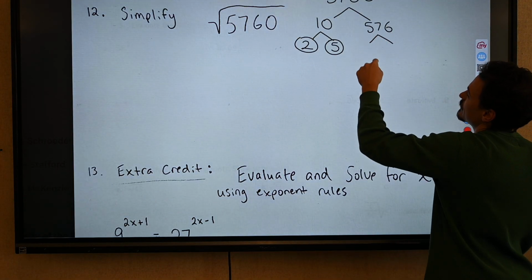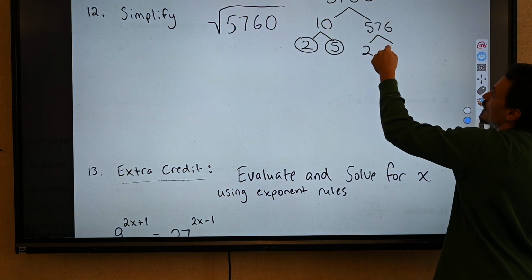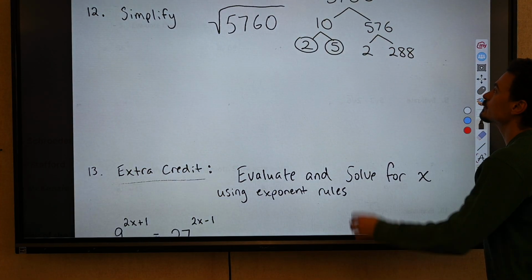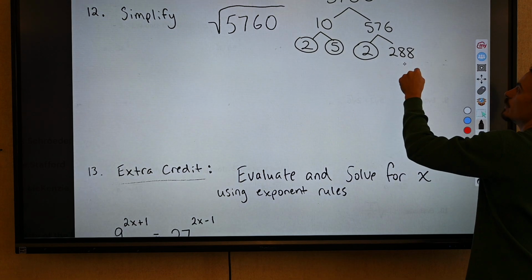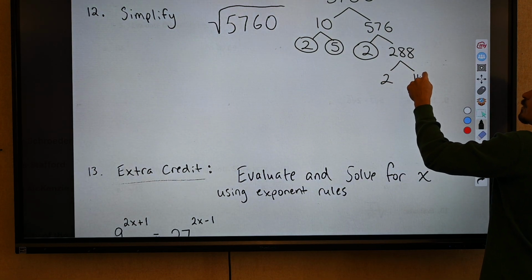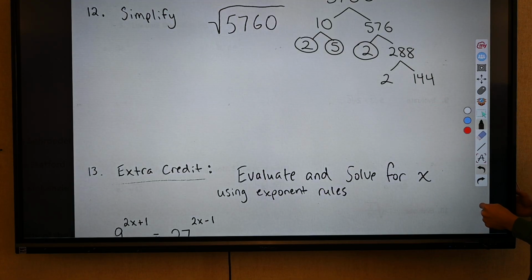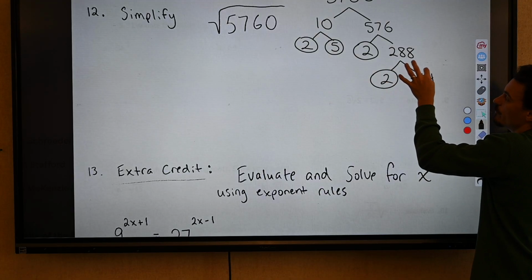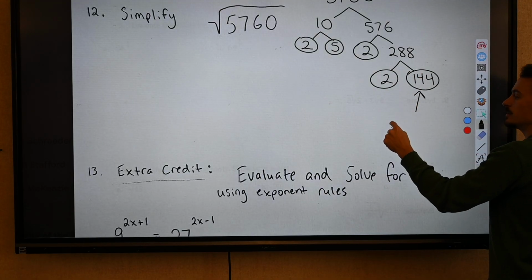576, just for the sake of simplicity, I'm going to do 2 times 288. And then 2 times 144. And then I actually know that 144 is a perfect square.